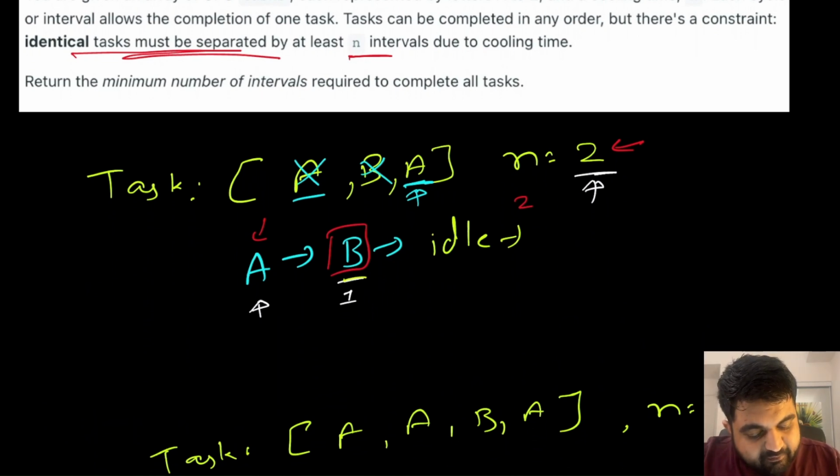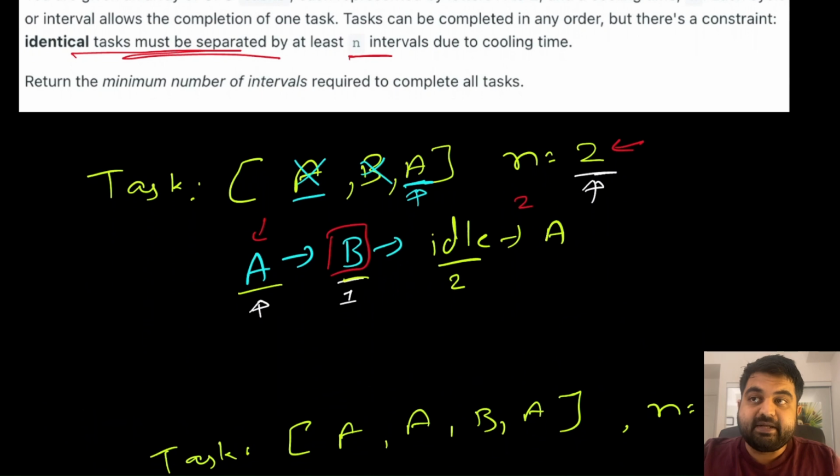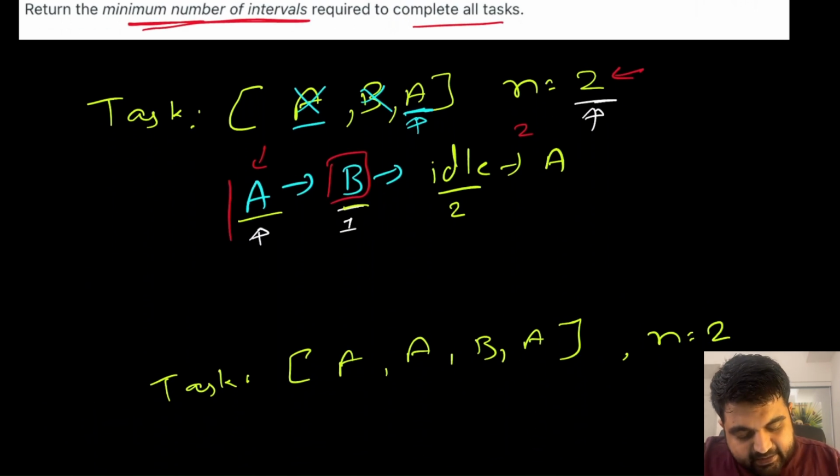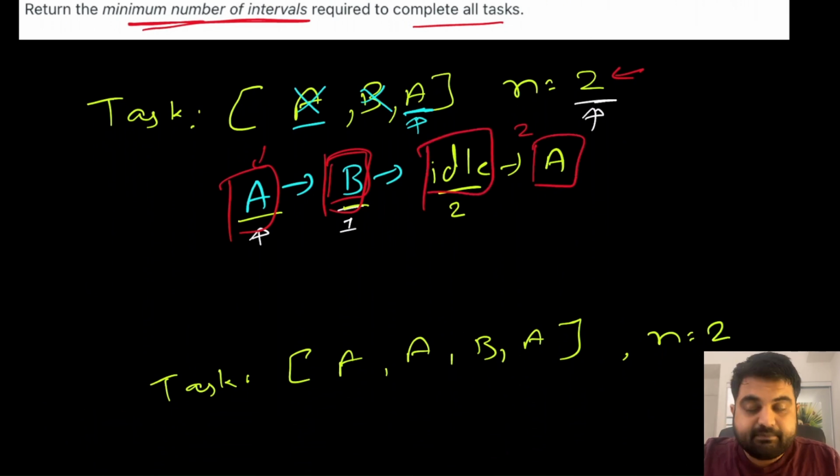And now we have 1 and 1, 2 intervals completed after we completed task A, and then once again we can complete the remaining task A. So totally we need to return the minimum number of intervals required to complete all tasks. And in this case, we can see that we took 1, 2, then this idle third, and then this completing A, 4. So in total, we took 4 intervals to complete this task.